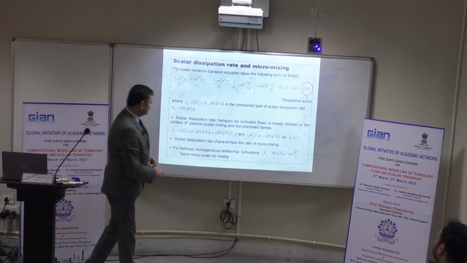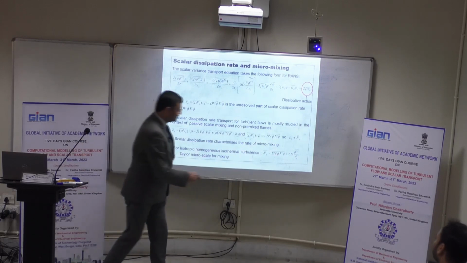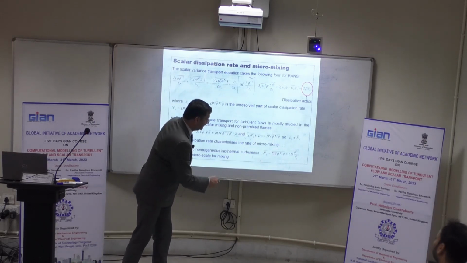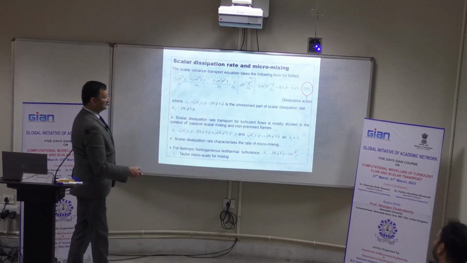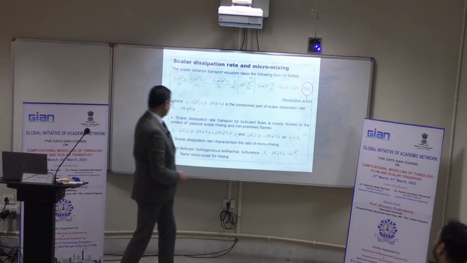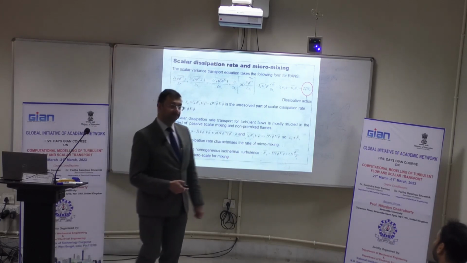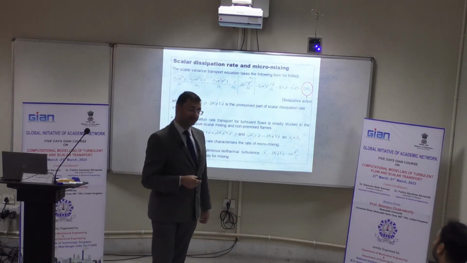For isotropic homogeneous isothermal turbulence, you can write it in this manner. This is the variance. This one, L5, is the Taylor microscale for mixing. We talked about Taylor microscale.